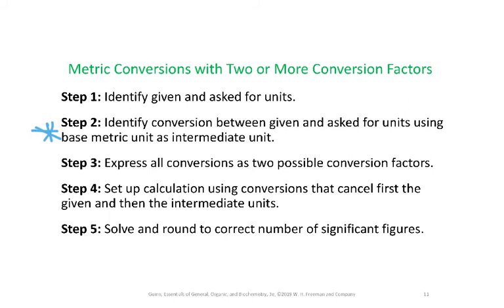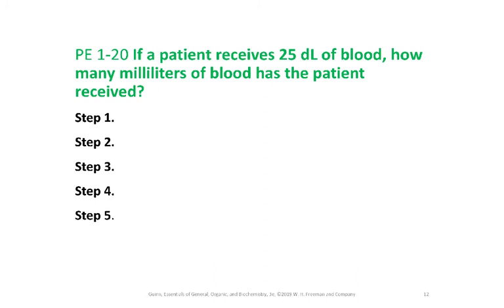Let's try it. Practice exercise 120 says, if a patient receives 25 deciliters of blood, the deciliter is a common unit of volume in medicine, how many milliliters of blood has the patient received?